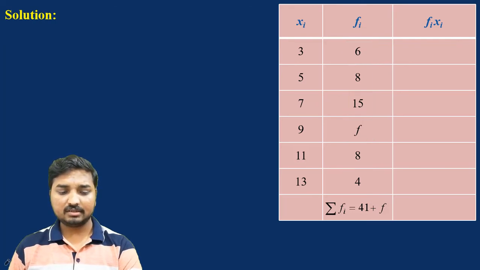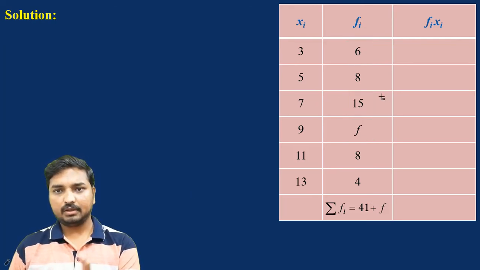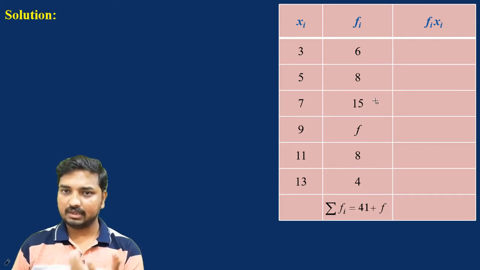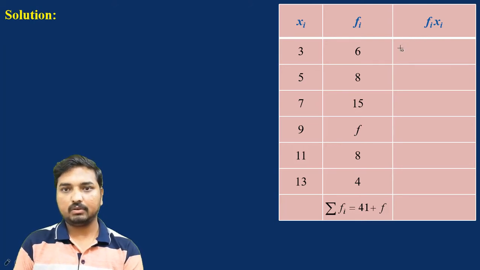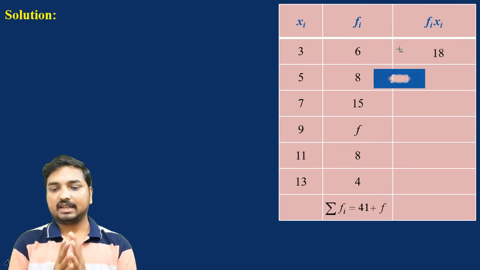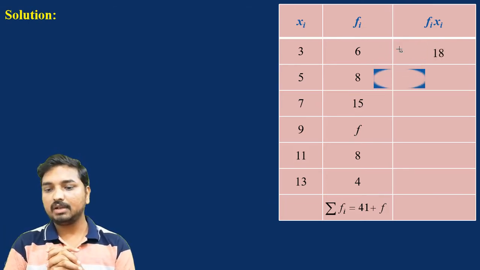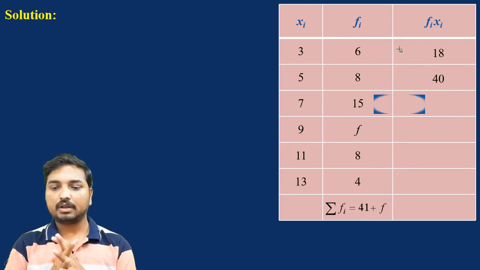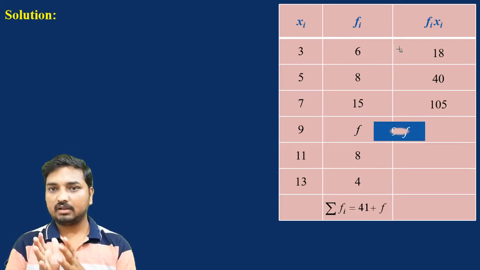Now the next step is the same thing we did in the earlier problem, the direct method. The same thing carries here. Now look at the multiplication fi into xi. 3 into 6, it will become 18. The second one, 5 into 8, it will become 40. The third one, 7 into 15, it will become 105.